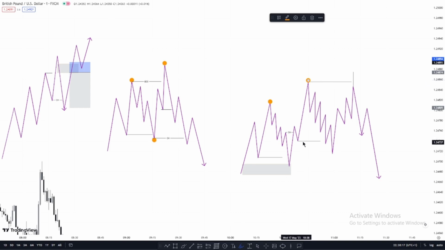Because it took out this first internal structure low. And then price comes into an unmitigated OB here before it started going back higher. And when it went back higher, this is your major structure high, and this one becomes your major structure low. Let me identify this low so that you can see. This was your major structure low, and this also is your major structure low.